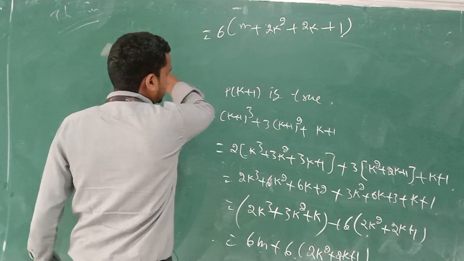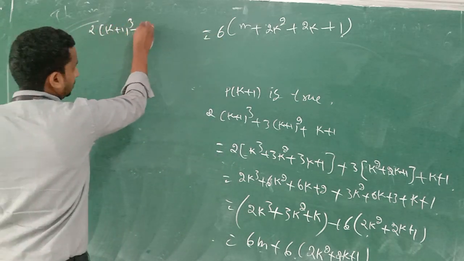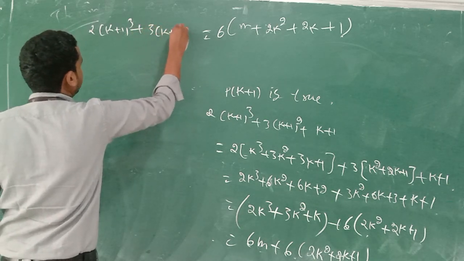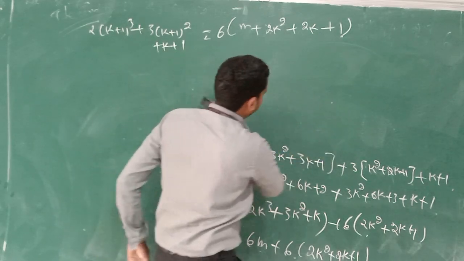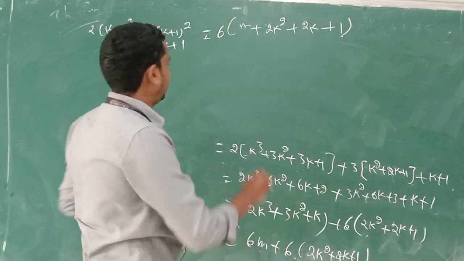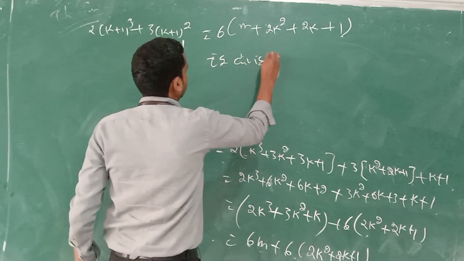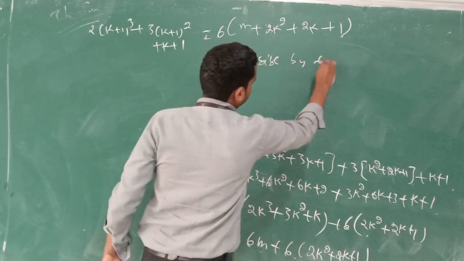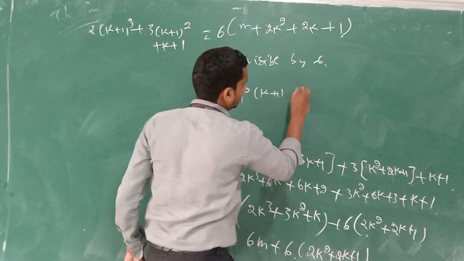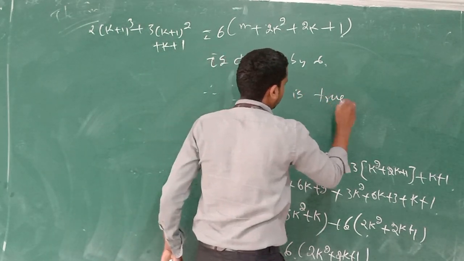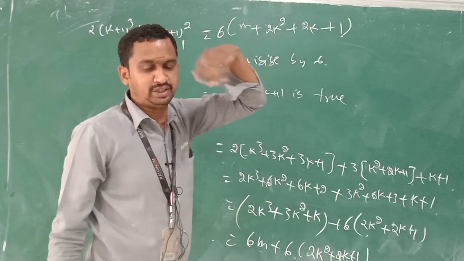So the LHS equation, 2(k plus 1) whole cube plus 3(k plus 1) whole square plus (k plus 1), is divisible by 6. Therefore P of k plus 1 is true, since the last term is 6 into something, where k and m are any numbers.